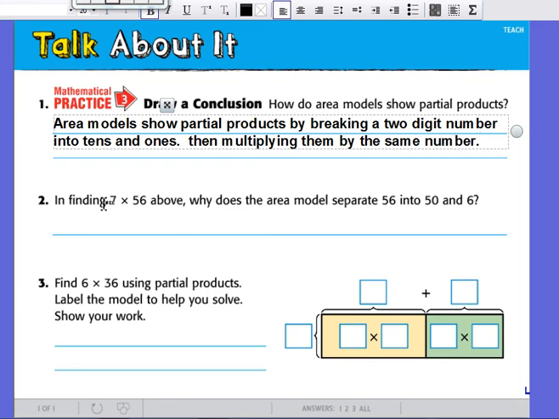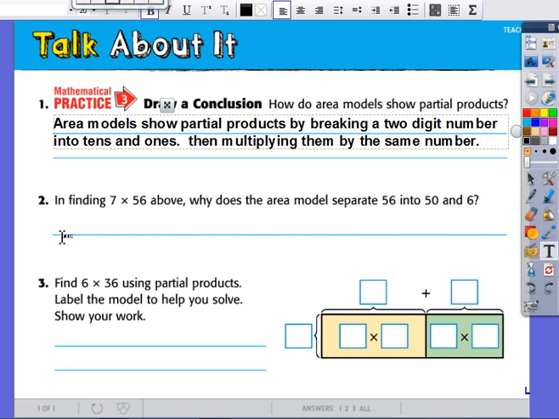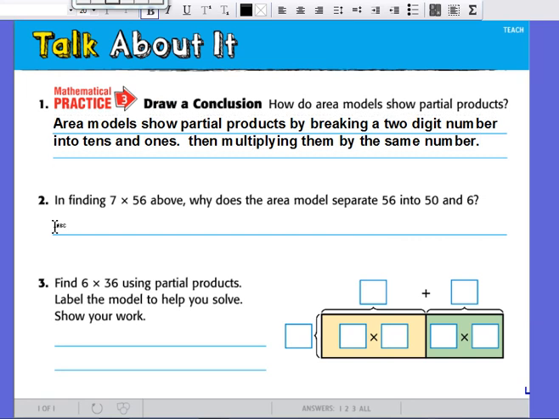Okay, so in finding 7 times 56, what does the area model separate? Why does the area model separate it into 50 and 6? Why do we break them down that way? We discussed this a little bit earlier.